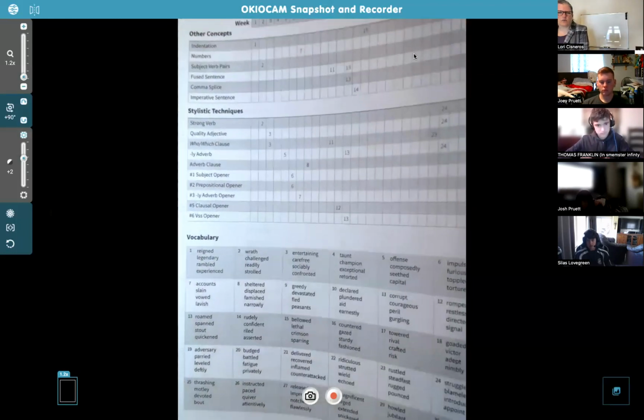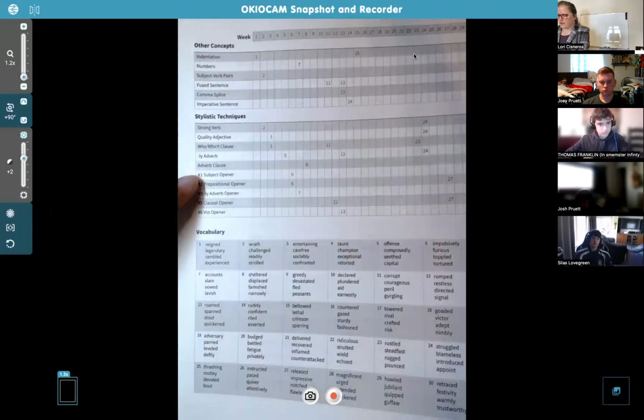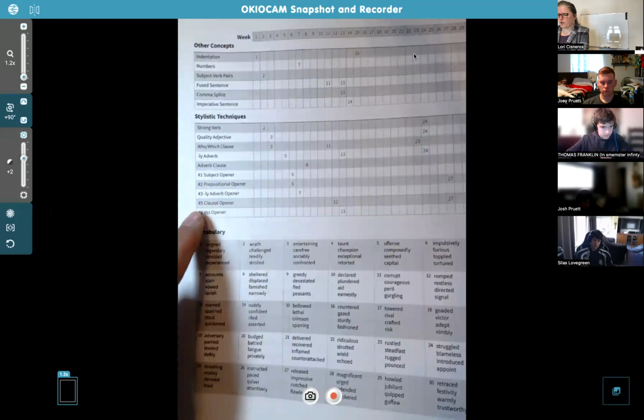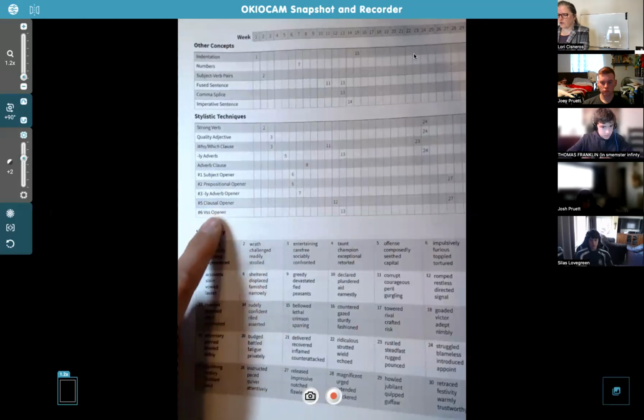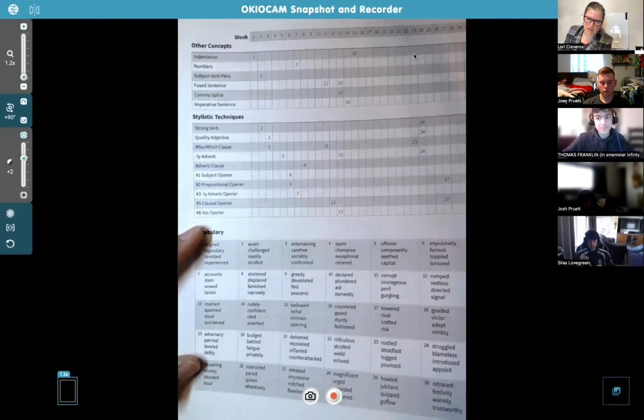It's toward the beginning of your book. It does not have a page number, but you'll see right here. Number 1, subject opener. Number 2, prepositional opener. Number 3, ly adverb opener. 5, clausal opener. 6, VSS stands for very short sentence opener. So this is a good reference page.